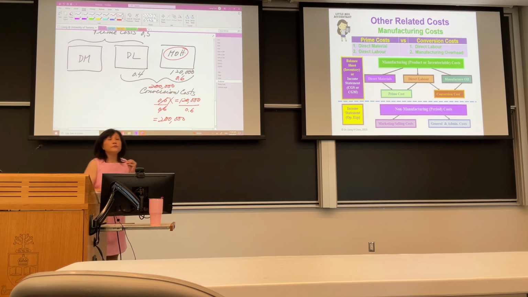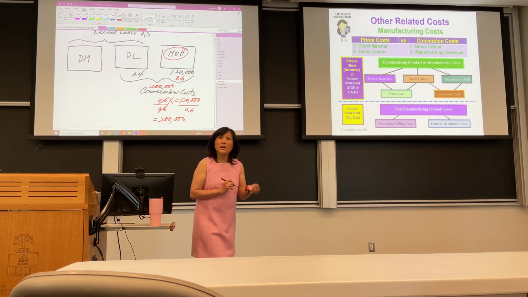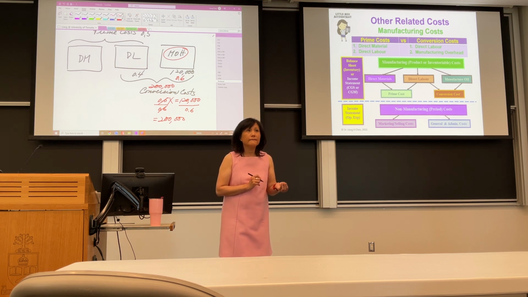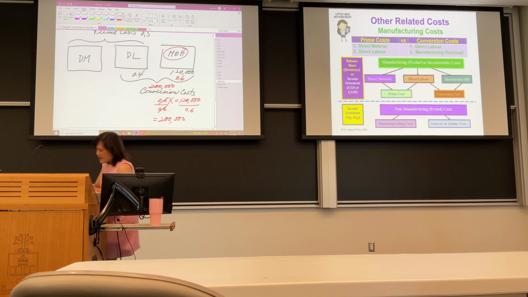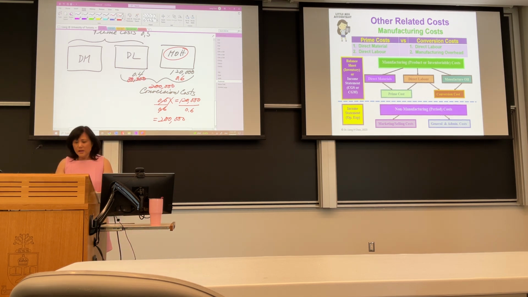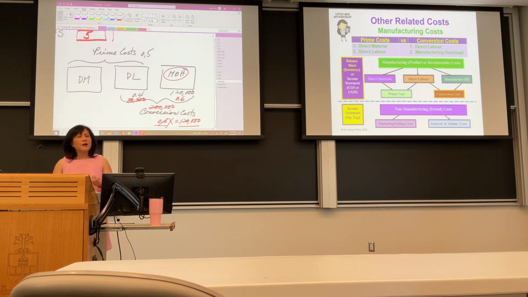Will you be able to figure out direct labor? 200,000 times 0.4 is $80,000. So if you look at the prime cost, 80,000 is direct labor, representing 50% of the prime cost.